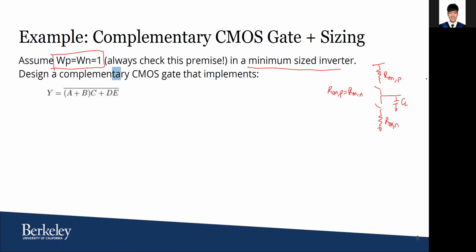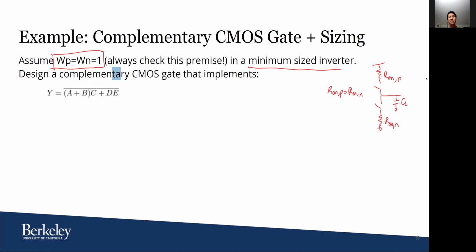But didn't the PMOS, even if they have the same size, have larger resistance, or smaller? No, as in if you are given this equation here, WP equals WN equals 1 in a minimum size inverter, then you can deduce that the resistances are equal.